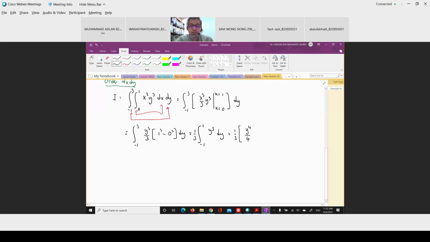The lower limit is minus 1, and the upper limit is 3 here. I leave it to you to show that the result is the same as in the previous approach. It is equal to 20 over 3.